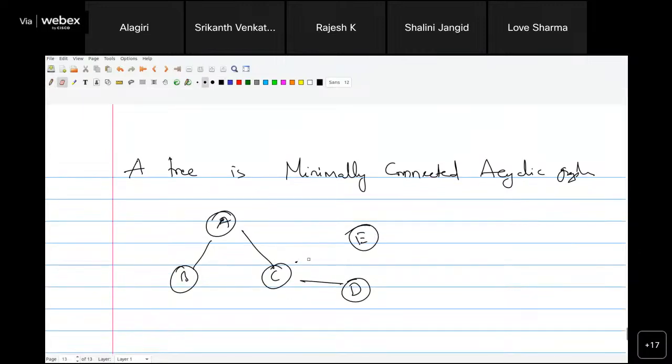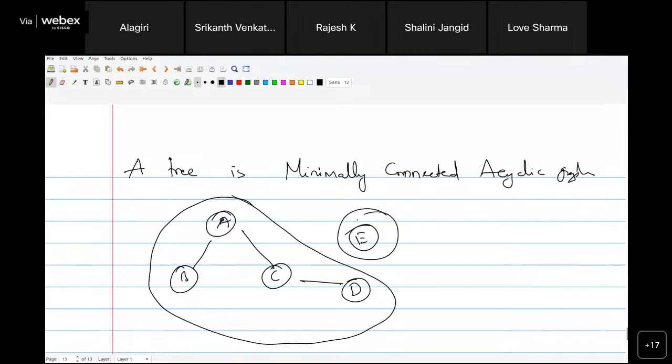If I remove one edge, this will no longer be a connected graph. There are two components in this. This is one component and there is an isolated vertex. They are not connected. So there are two different graphs which are not connected now. So two components, we say.